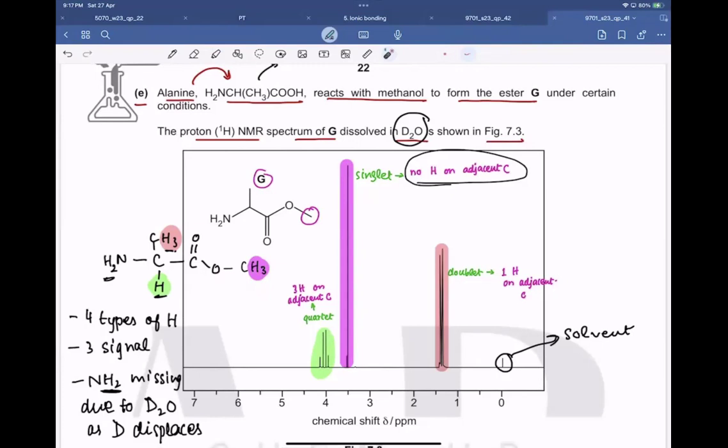So it has a singlet because these hydrogens are bonded to a carbon whose neighbor has no carbon, or if there is a neighboring carbon, it has no hydrogen. That's why we get a singlet. Till here, is this clear to all of you?